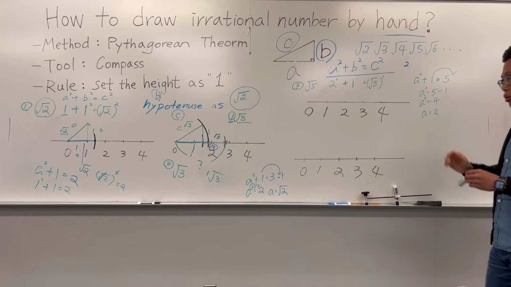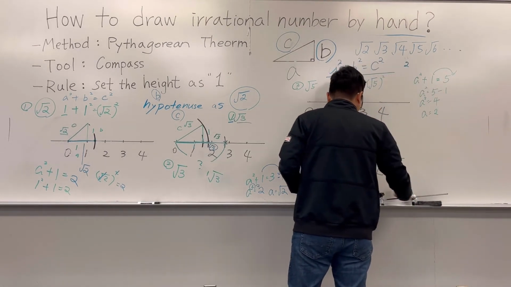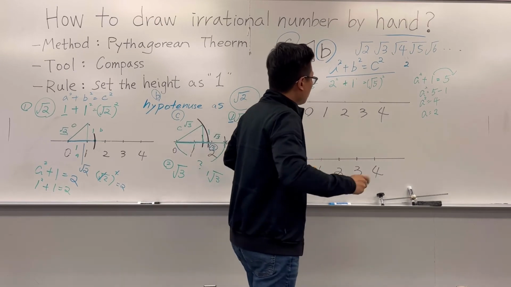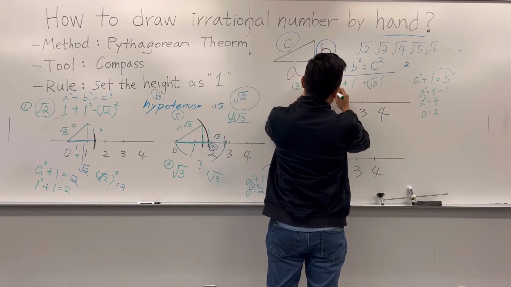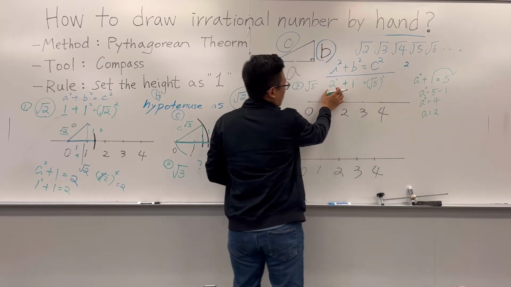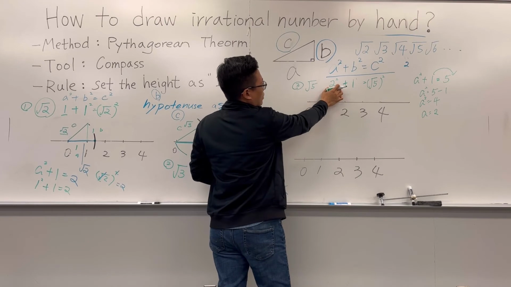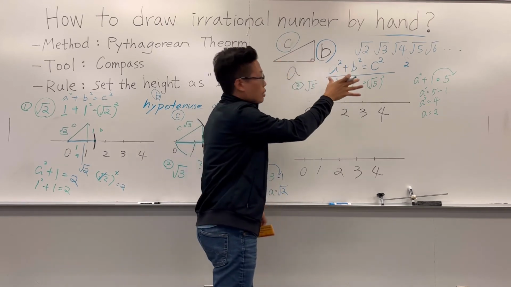Now, drawing. I have the height as 1. I will start from this number, because that's the bottom leg.